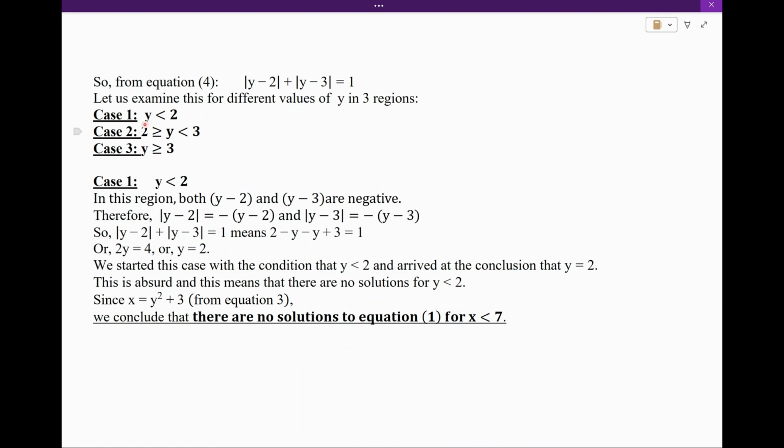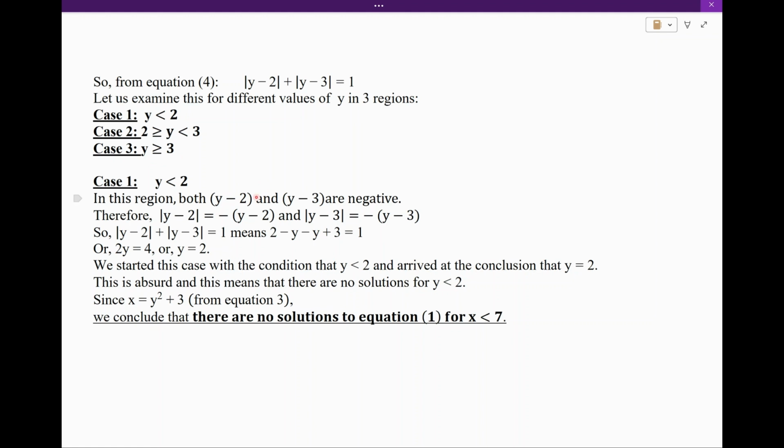Case 1 is when y is less than 2, case 2 is when y is between 2 and 3, but y can also be equal to 2, and the third case is when y is greater than or equal to 3.